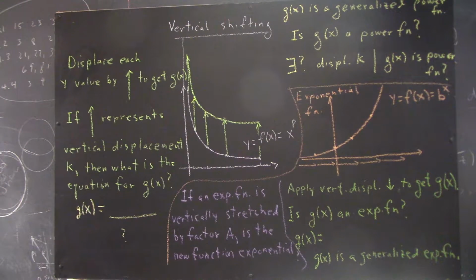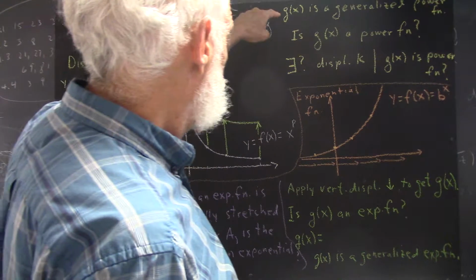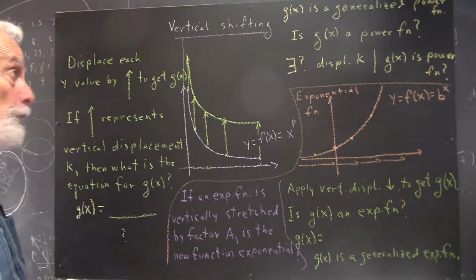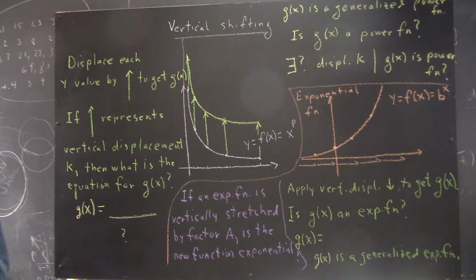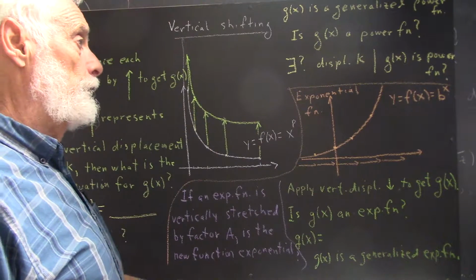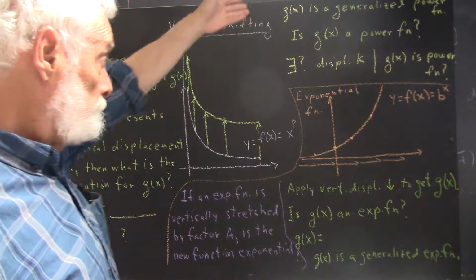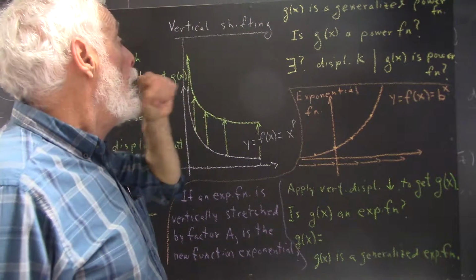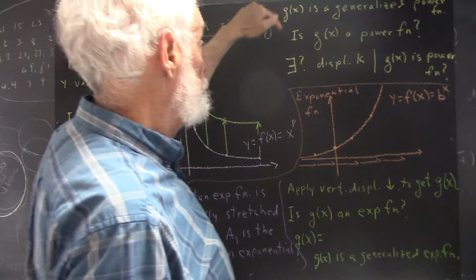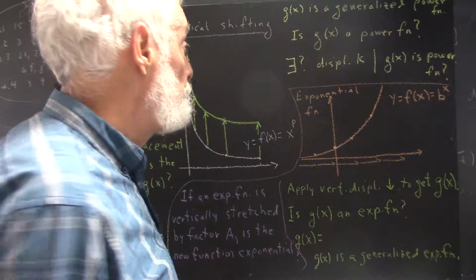Okay? Now, another question. First of all, g of x is what we're going to call a generalized power function. I've already kind of given you the form of a generalized power function, not that I expect you to necessarily remember it, but it was given in some of the introductory videos. My question is, is g of x a power function? Now, what do I mean by a power function?